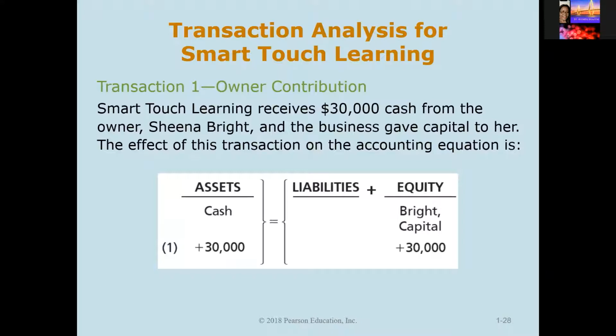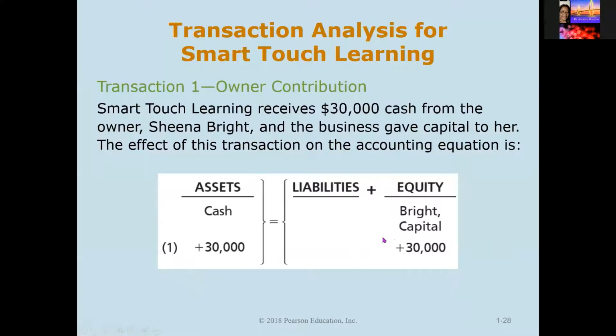So in this example you see here, cash and equity both increase because you have $30,000 in cash, and then you have capital. Again, the accounting equation is assets equal liabilities plus equity. The left side of the equation is the cash, the $30,000.